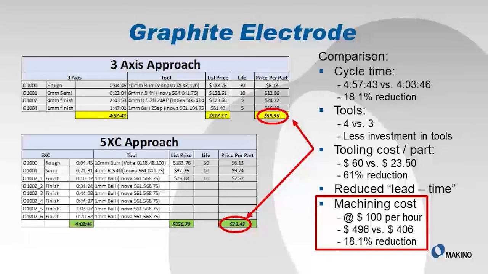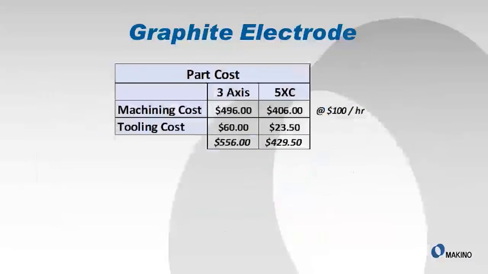The other thing to keep in mind is that an electrode is a raw material, or a cost that you need to carry over onto the sinking machine, so you've reduced your cost in the overall process as well, in addition to reducing your lead time. What I did here was take a look at the total part cost, where I've got the machining cost, as you can see there, 3-axis versus 5-axis, and the tooling cost.